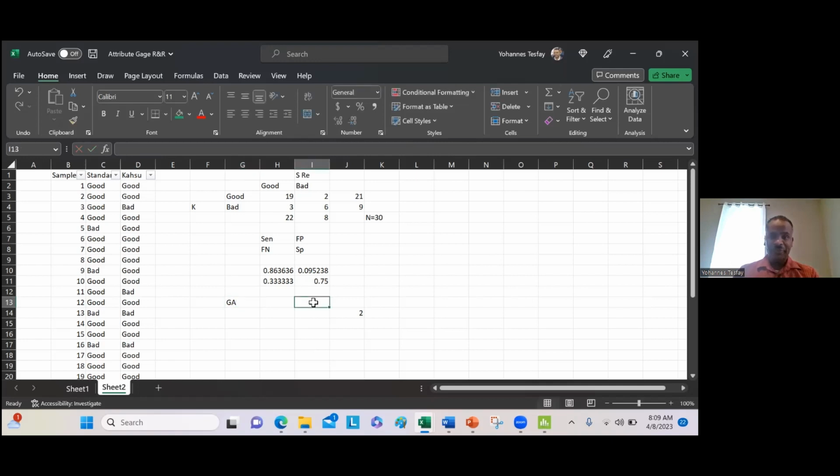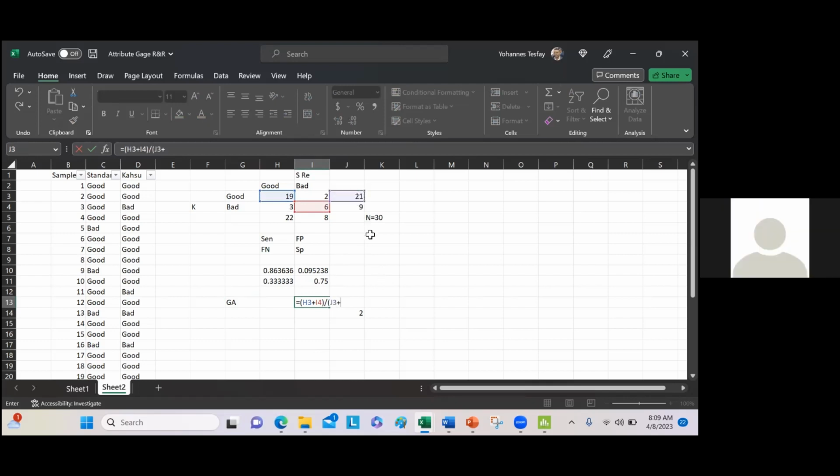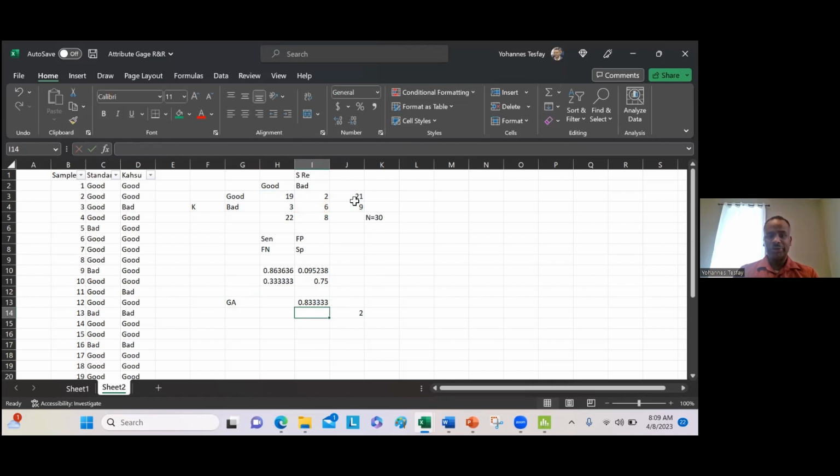Kappa equals this number, this one plus this one for specificity, divided by the total. How much is the total? The total is one of these, either this one plus this one, or whatever, that's the total. So, gauge agreement.